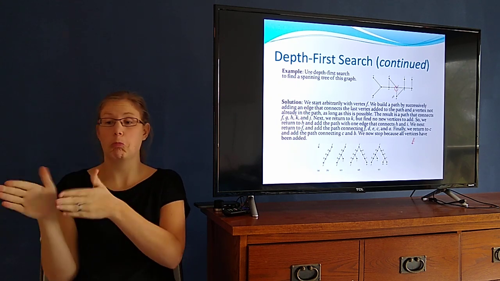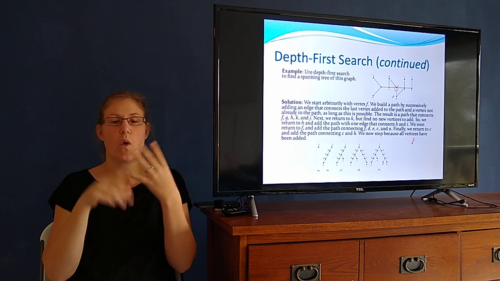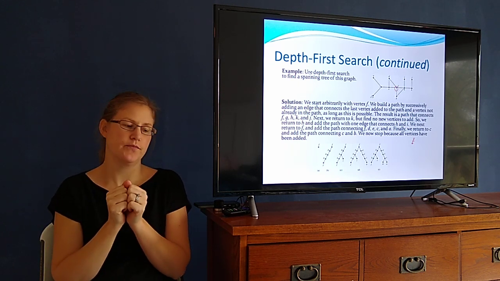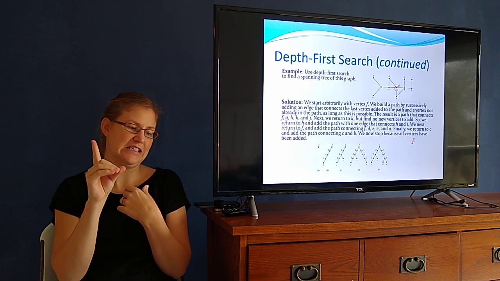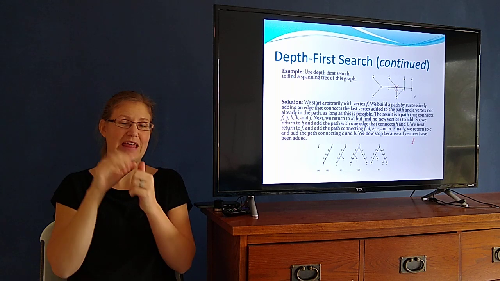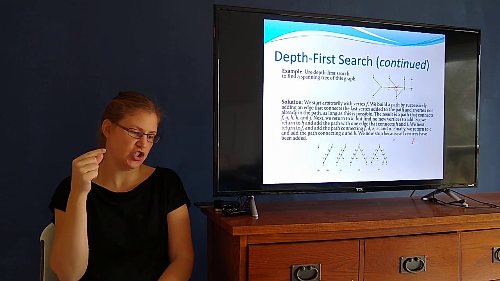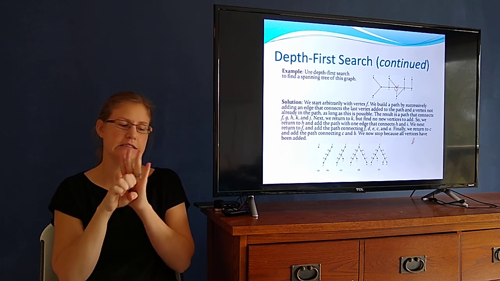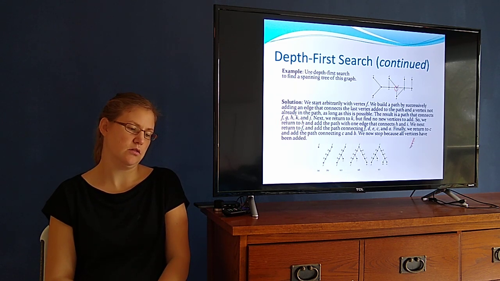We have here 4 edges. You can choose only one at a time. We have D connected to F, we have E, we have G, and we have H. So let's start with G, as is provided. So this is G.